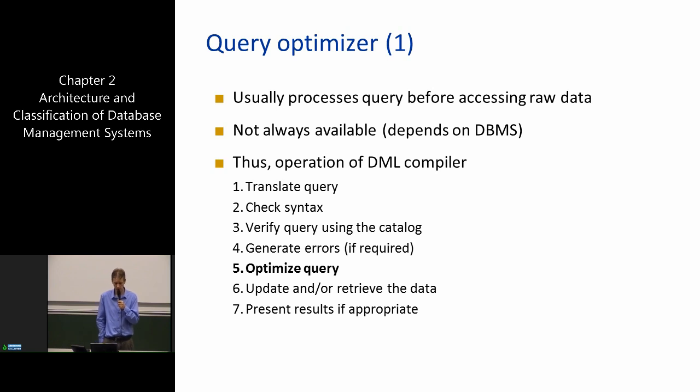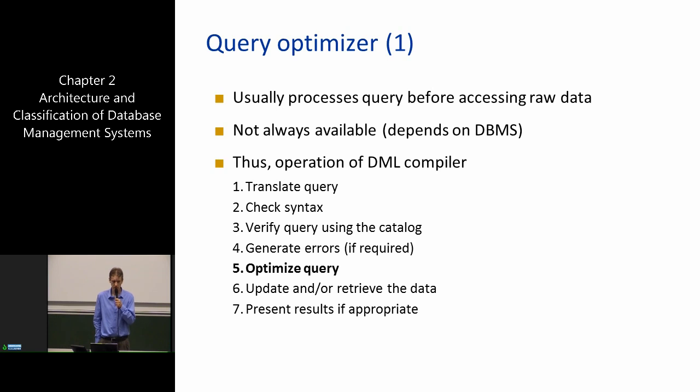The query optimizer is going to process the query before it accesses the raw data, because it's going to find out what is the best way to access the data in order to execute the query as quickly as possible. Because basically, as an end user, what you want is to issue the query and have the results as quickly as possible.